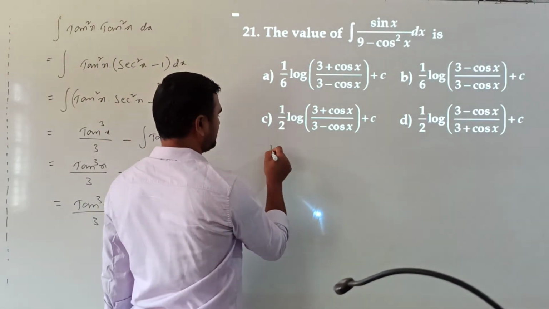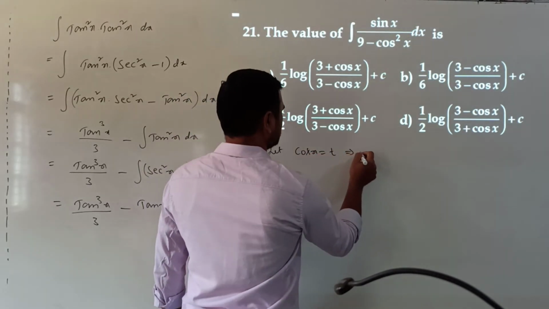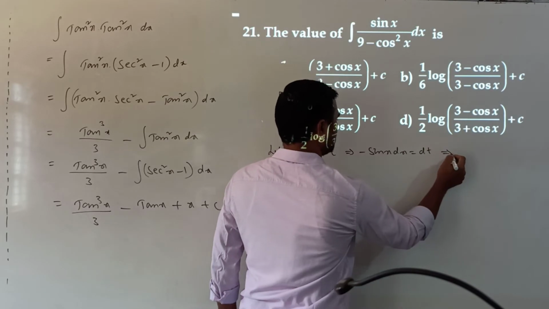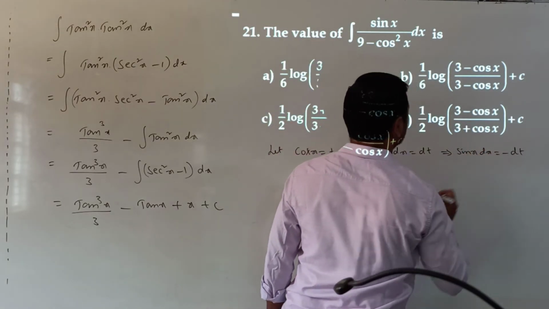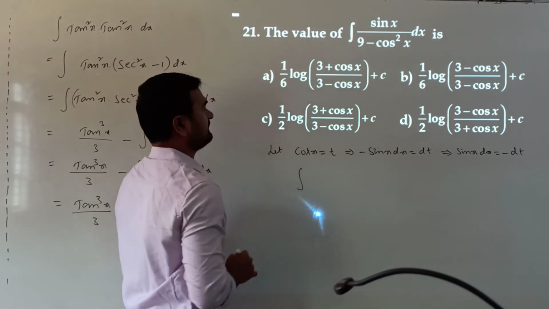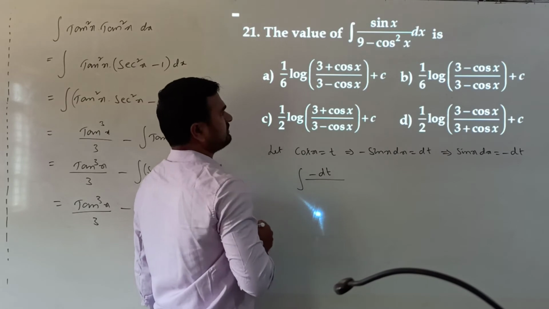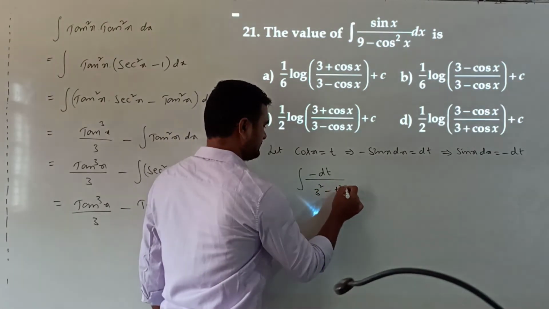So in this given integral, let us take cos x as t. So minus sin x dx is dt, so sin x dx is minus dt. So the given integral can be written as integral minus dt divided by 9, which we can write as 3 square minus cos square, that is t square.